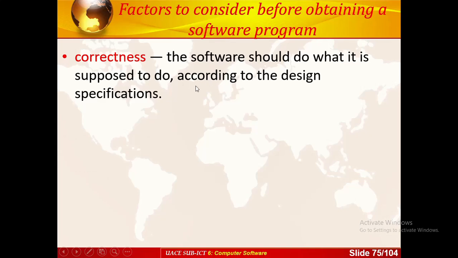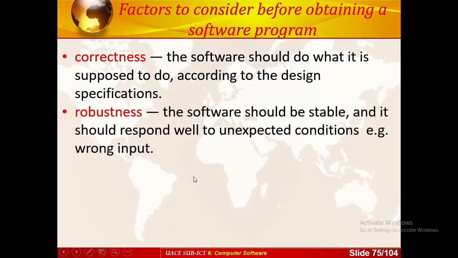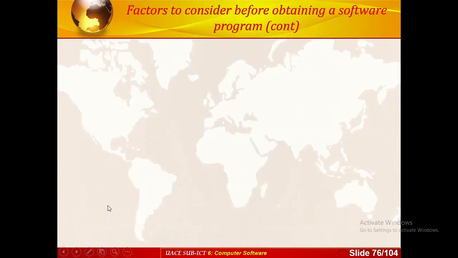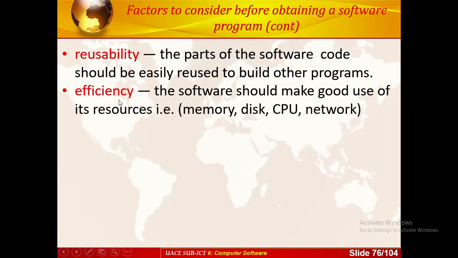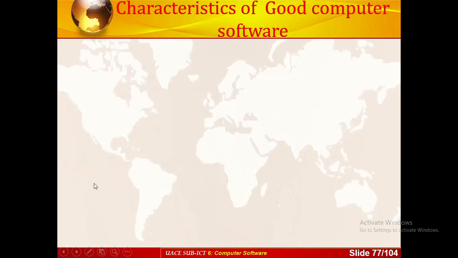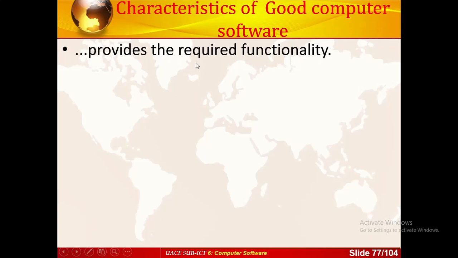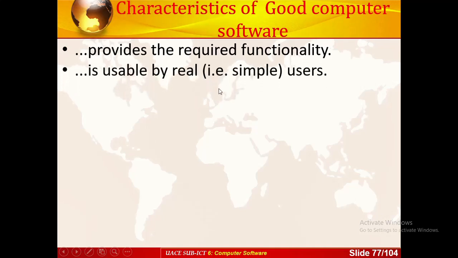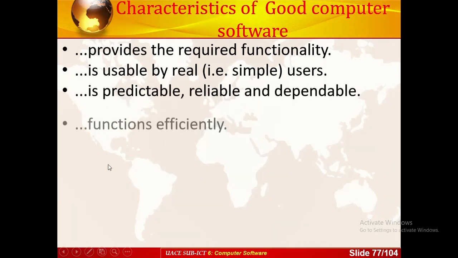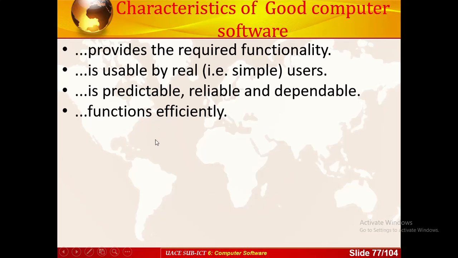What should be considered before buying a software program? Correctness, of course, is very important. You can talk of robustness, user friendliness, adaptability, usability, efficiency, portability, and security. Those are all very important factors. Some of the characteristics: it provides quality functionality, it is simple for users, predictable, reliable and dependable, and functions efficiently.